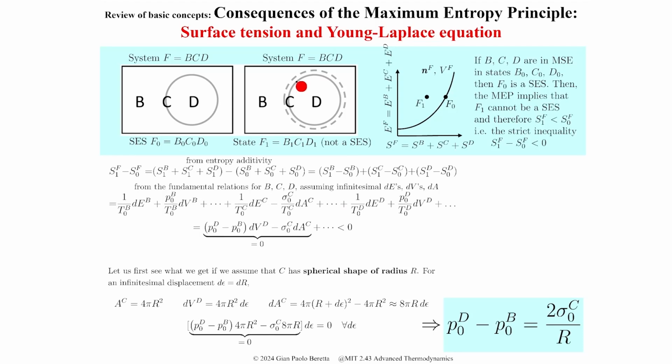Also, since I am going from small to large, the area changes too. Now the area changes because the radius has changed. So I go from 4 pi r squared to 4 pi (r plus epsilon) squared.